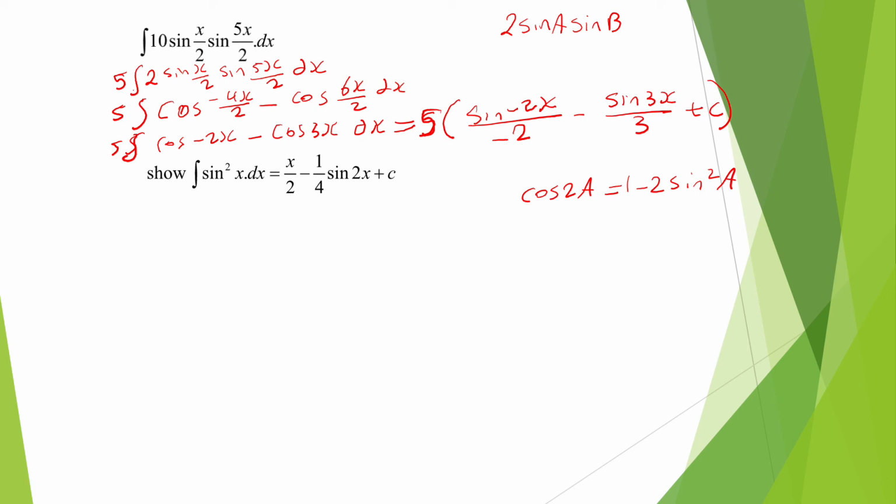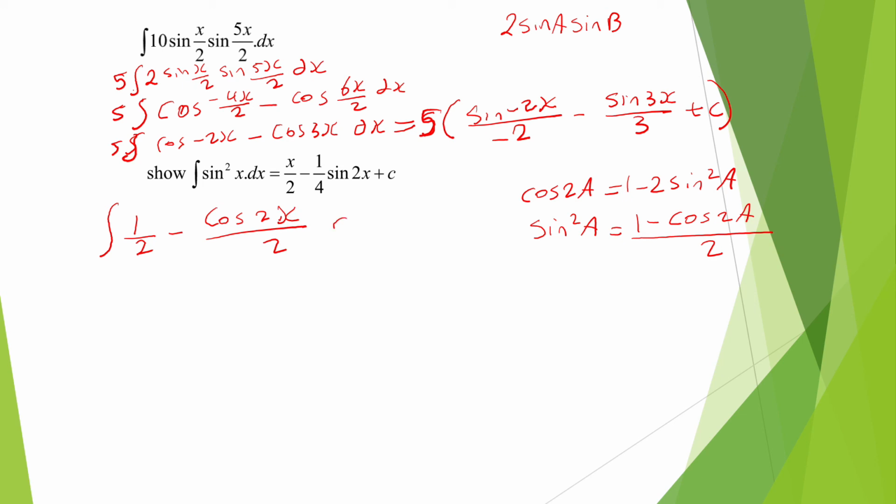So I'm going to rearrange this one here. We will end up with sine square a, taking this to the other side, becoming 1 minus cosine 2a divided by 2. Now we're going to substitute it: 1 over 2 minus cosine 2x dx.